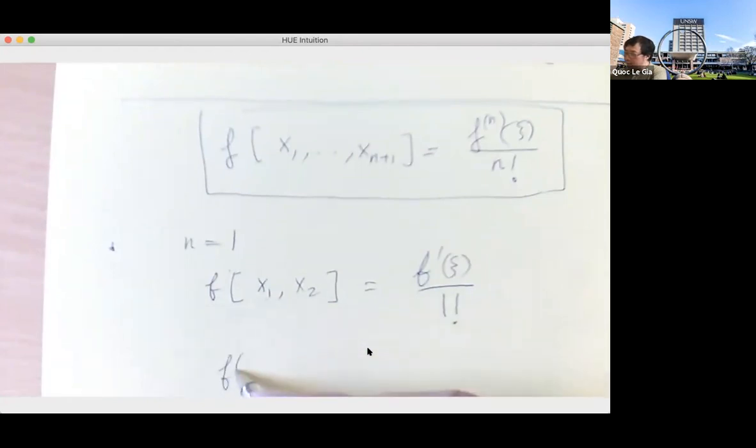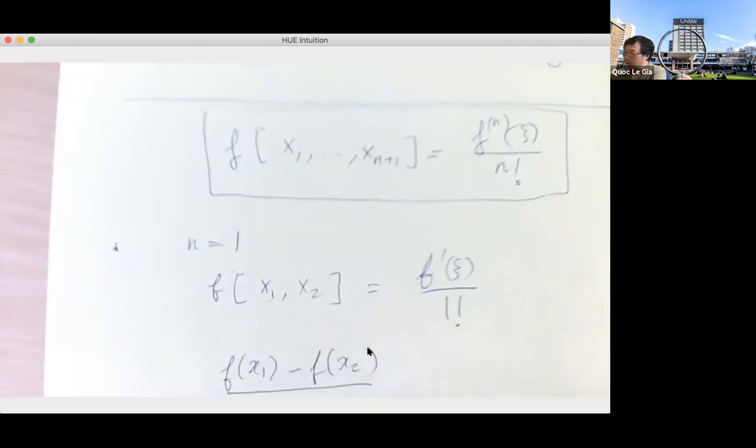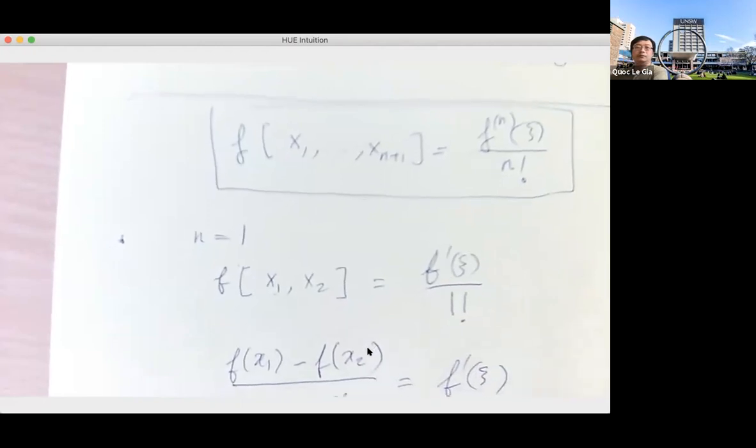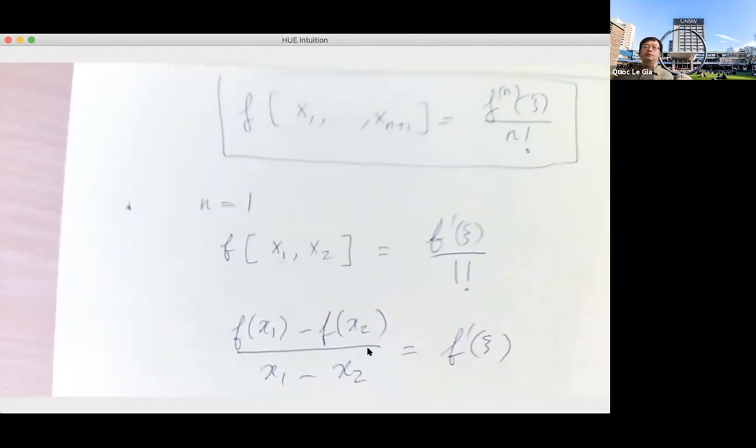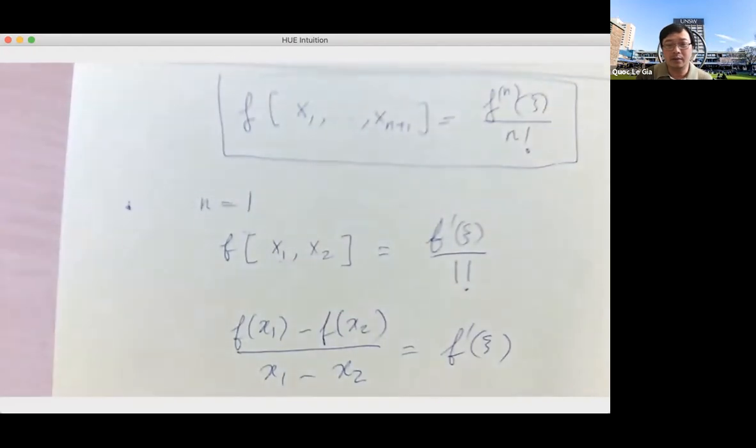It's just f of x1 minus f of x2 divided by x1 minus x2, equal to f prime of xi. So what is this theorem? Anyone recognize this theorem?